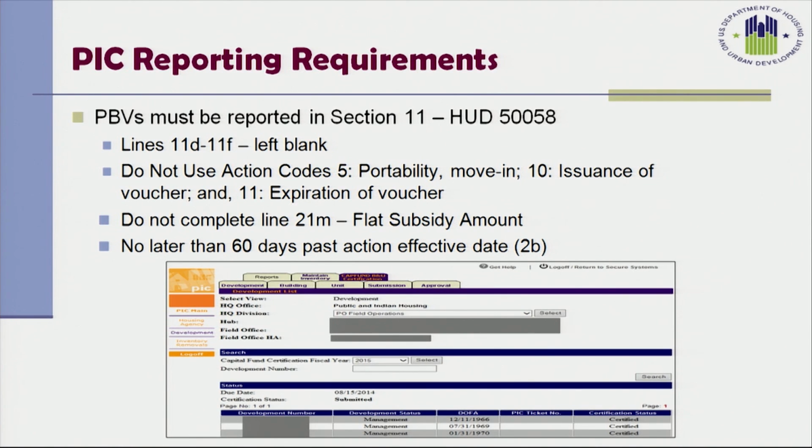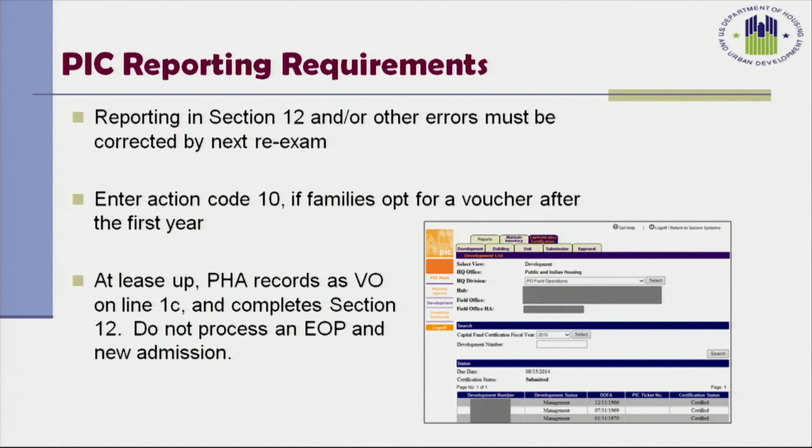Do not complete line 21M, which is the flat subsidy amount, and report this no later than 60 days past the action effective date. Reporting in Section 12 and/or other errors must be corrected by the next re-exam.